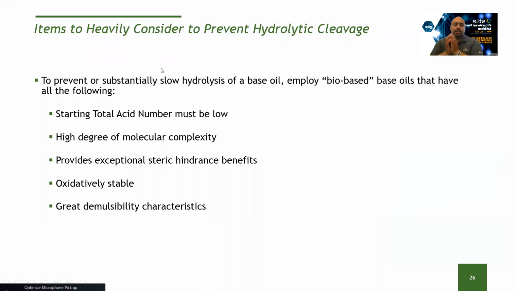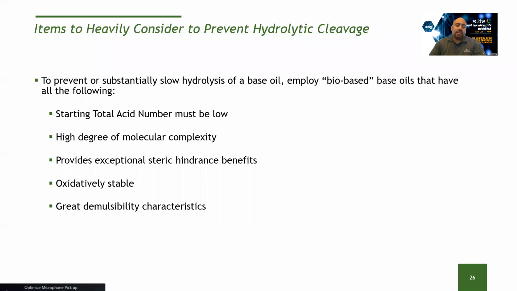Some of the items to heavily consider to prevent hydrolytic cleavage, based on the data we presented: to really slow down the hydrolysis of a base oil, especially esters, we need to start with a very low total acid number, since acidic components tend to catalyze the hydrolysis reaction. The base oil also needs a high degree of molecular complexity and exceptional steric hindrance features.